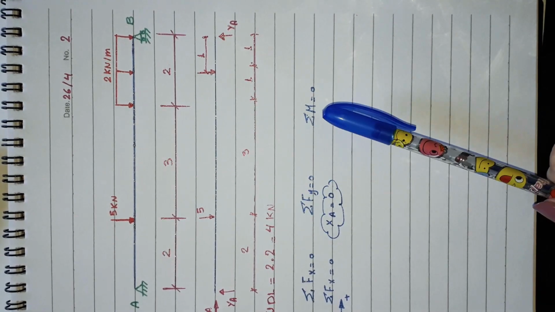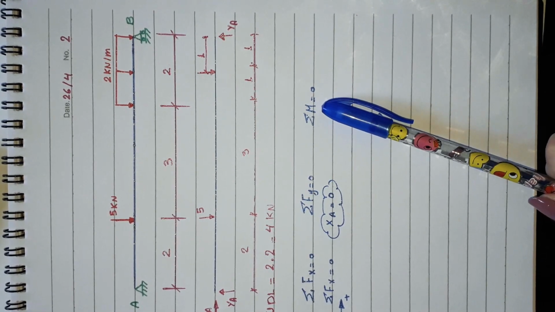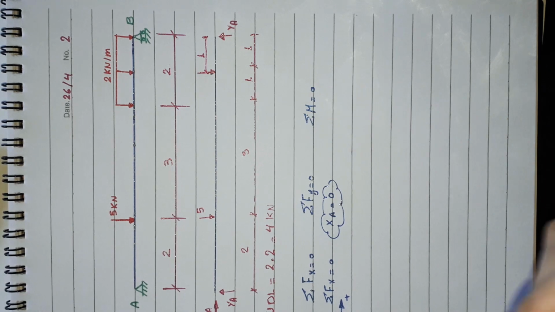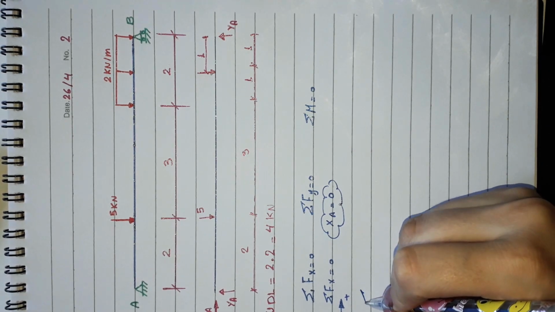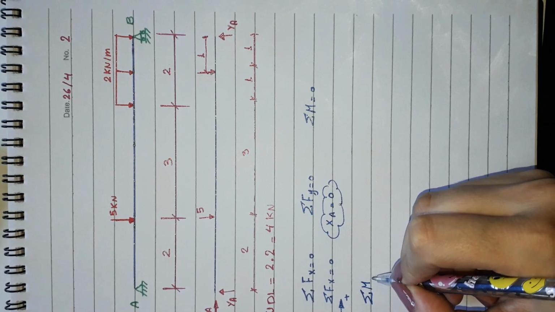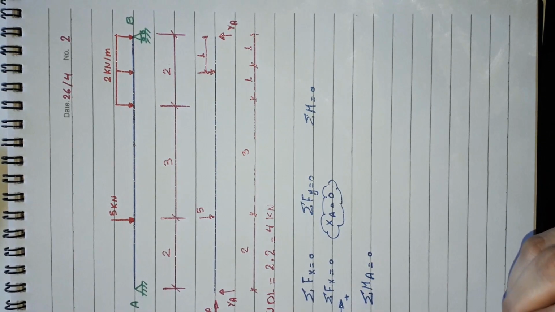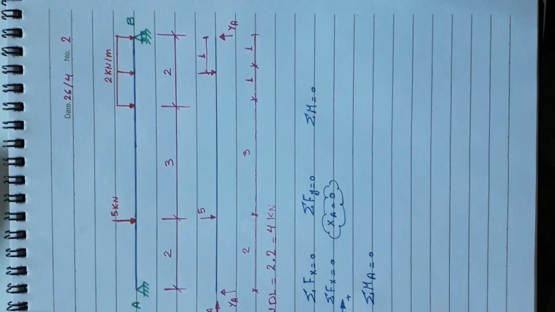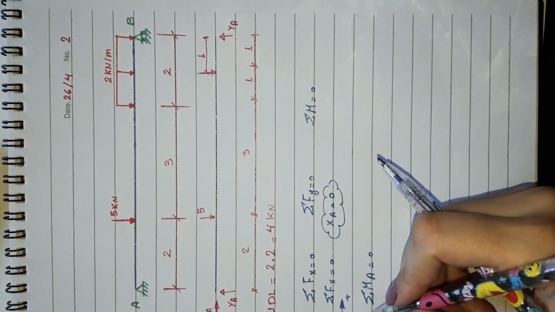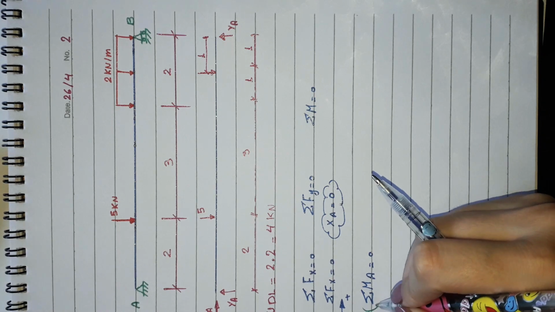Now I will use this equilibrium. The sum of the moments about the point A equals 0. And the positive moment is counterclockwise.